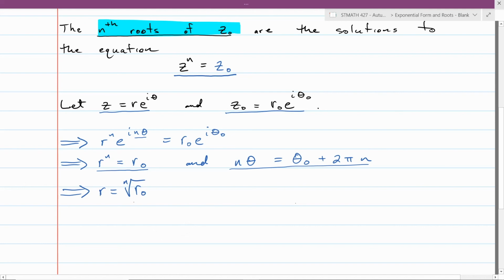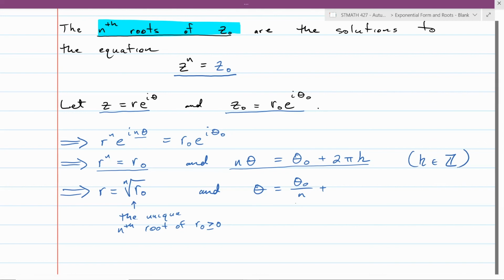And by this, I mean the unique nth root of r naught, which is non-negative. And I can solve for theta in that second equation. I double dipped on using n; I should have used a variable k here. Dividing both sides by n in that equation involving the angles, I get theta equals theta naught over n plus 2 pi k over n.